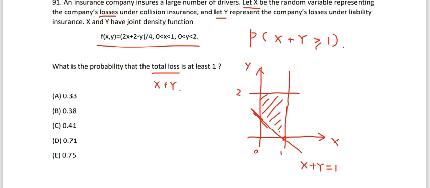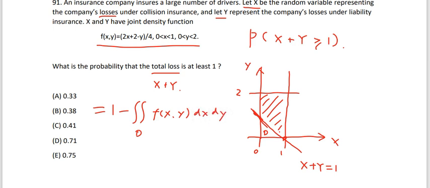We can find this probability as the total probability 1 minus the other part. So we just find the part where X plus Y is less than 1. We just need to find this region D, so the integral of f(x,y) dx dy.